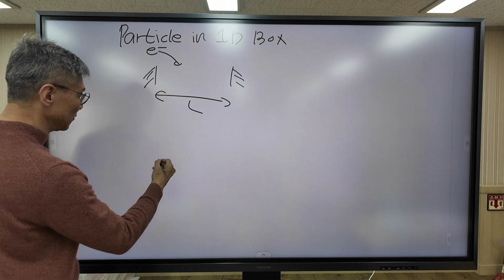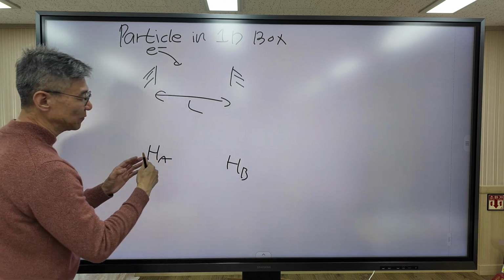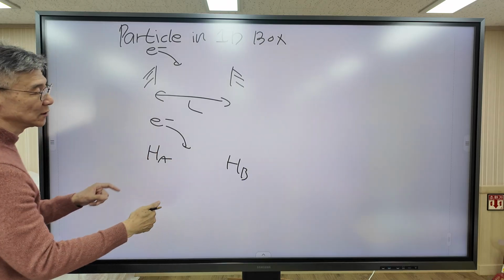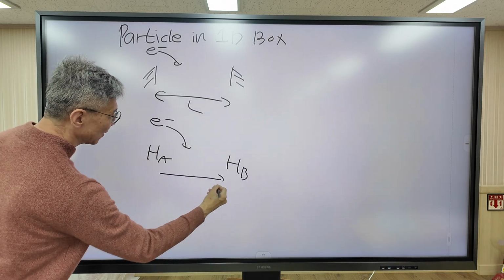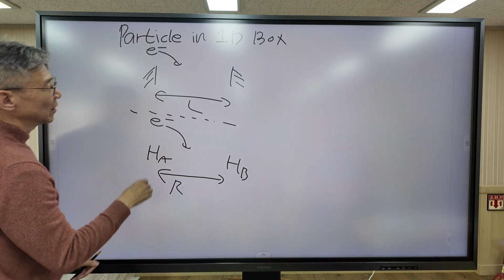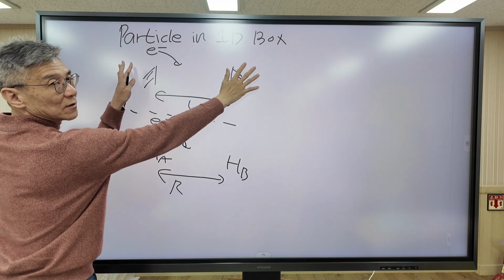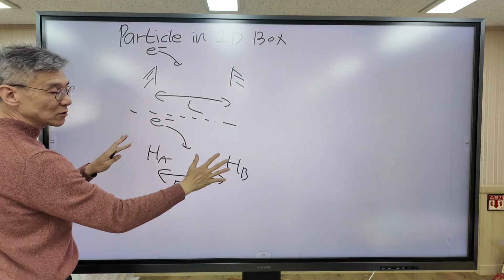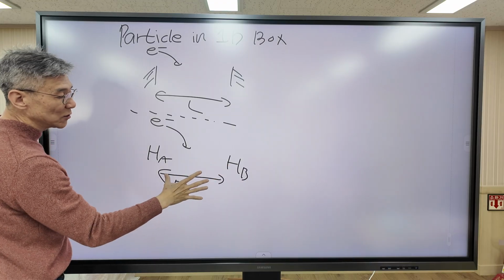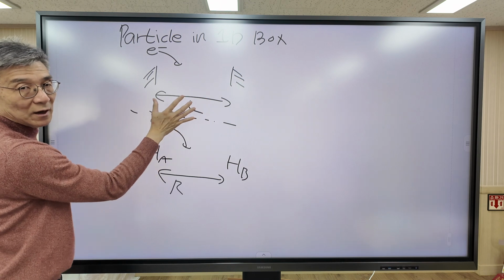In the H2 plus molecule, the two nuclei are on the left and right, and the electron is between the two nuclei. The internuclear distance is R. So the two situations are very similar. In the particle in a box, there are walls on the left side and right side. In the H2 plus molecule, the electron is between two nuclei. The internuclear distance is large R. The distance between the two walls is L.